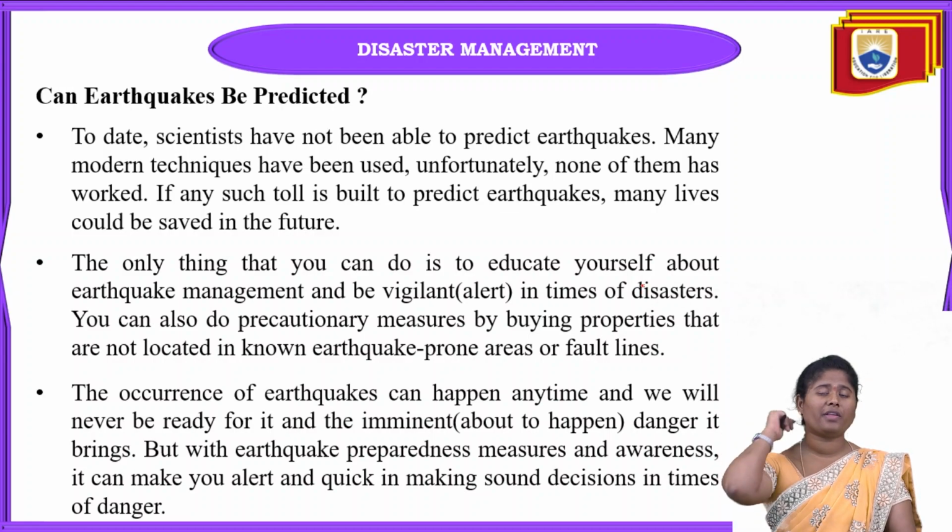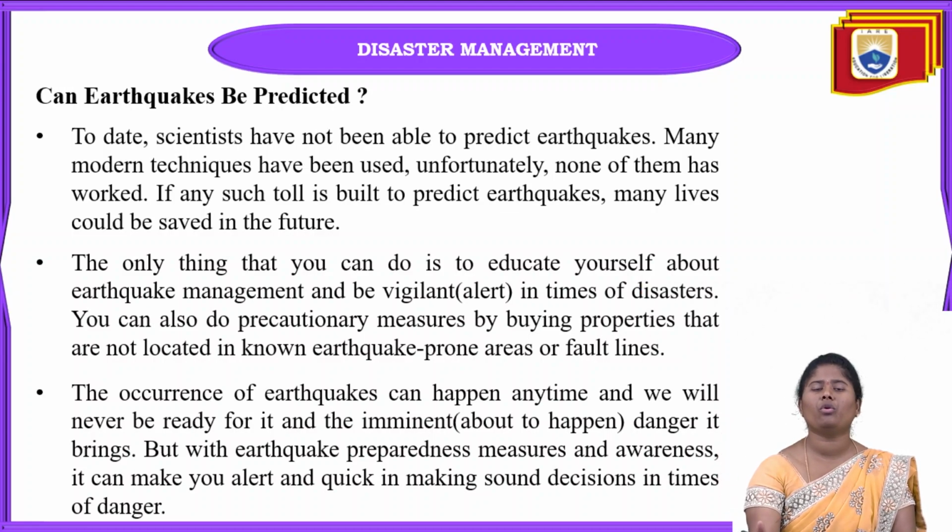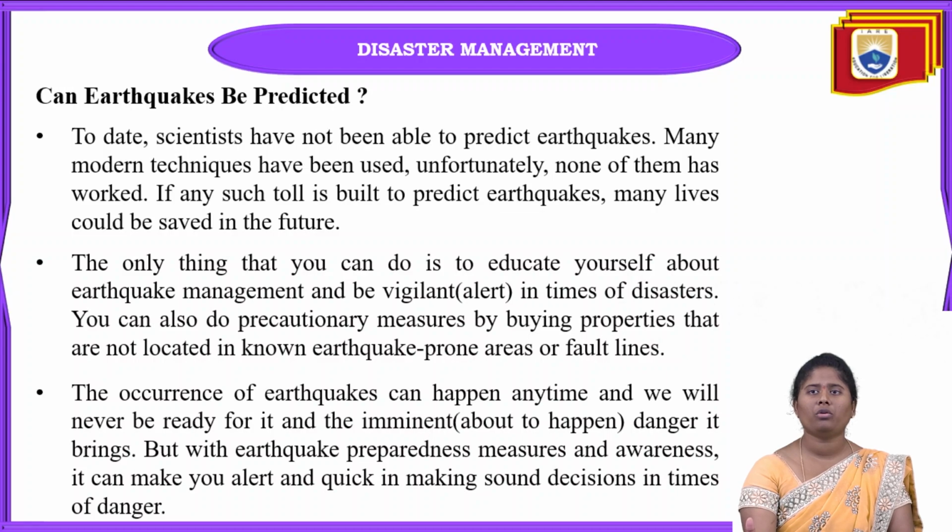How are we going to take those precautionary measures? If we are going to build a house, of course, if we want our own house and property, we have to choose properties where earthquakes are not going to happen. Then only can we protect our lives and our properties.